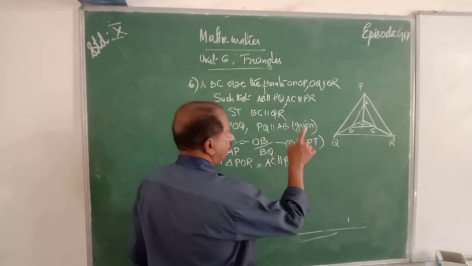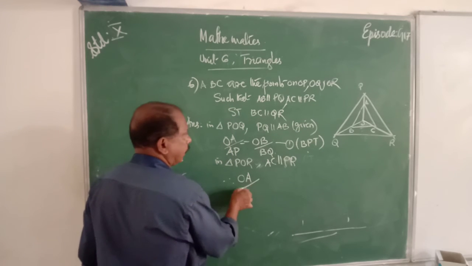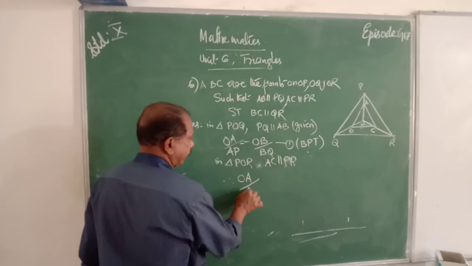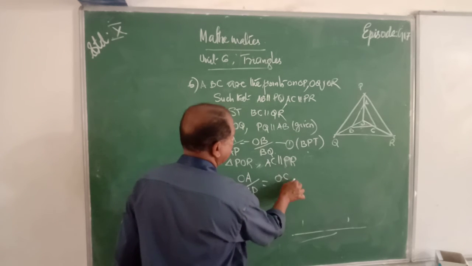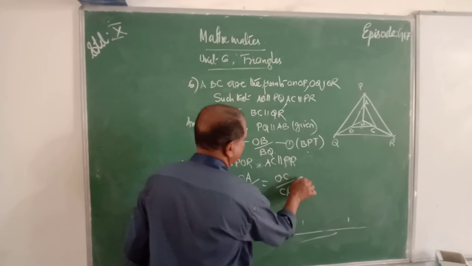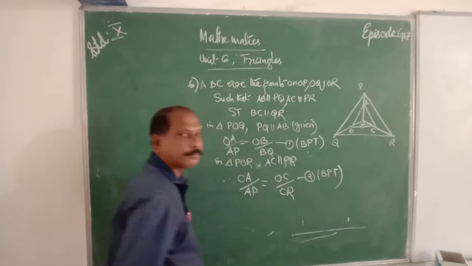Therefore, OA by AP is equal to OC by CR. Test number 2, that is basic proportionality theorem.